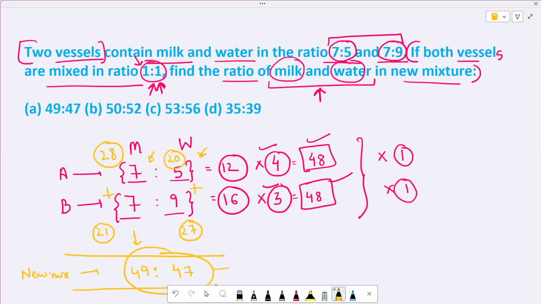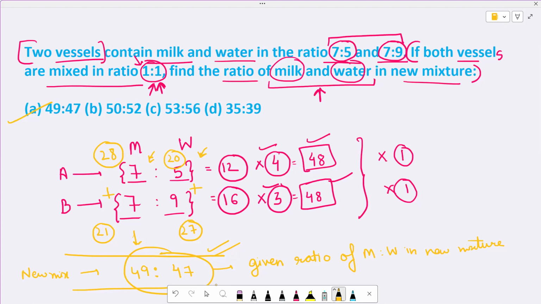So this here will be the given ratio of milk to water in the new mixture. Therefore the correct answer is 49 ratio 47.